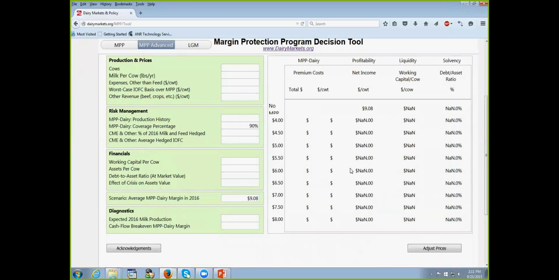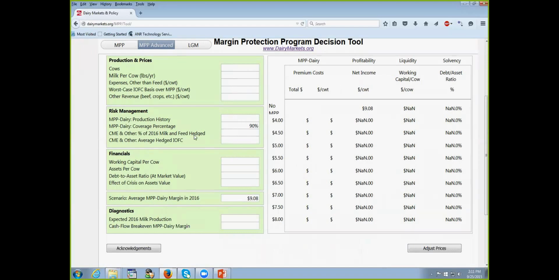If you have balance sheet and income statement information, you can put in information about herd size, milk per cow, your expenses other than feed, because we're going to use the feed one as a proxy for feed here. Your worst case income over feed cost basis, which I would put maybe minus $1 in there now, or maybe even $1.50 for Michigan farms. Your other revenue and your production history.